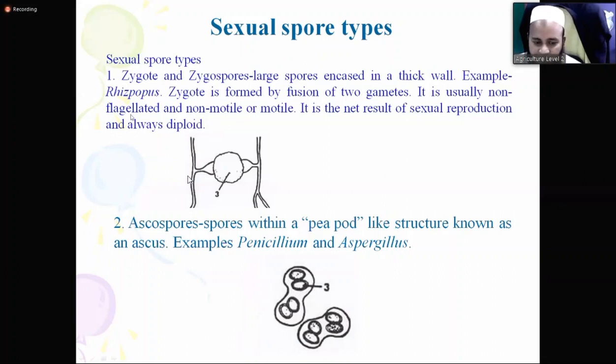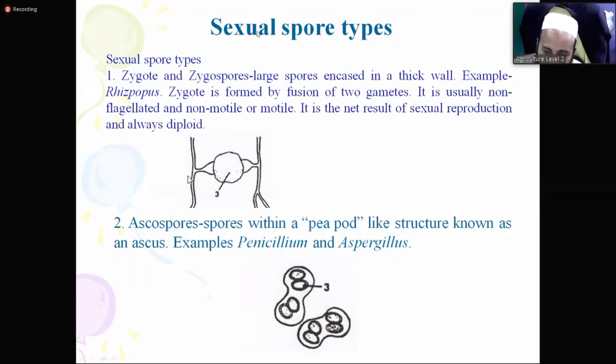It is usually non-flagellated and non-motile or motile. It is the net result of sexual reproduction and always diploid. They are diploid cells. When a zygote is produced, it comes from two different gametes fused together, so they are diploid. They are not haploid.